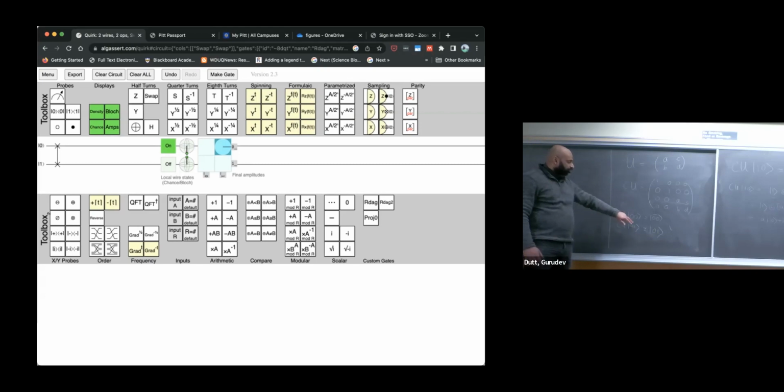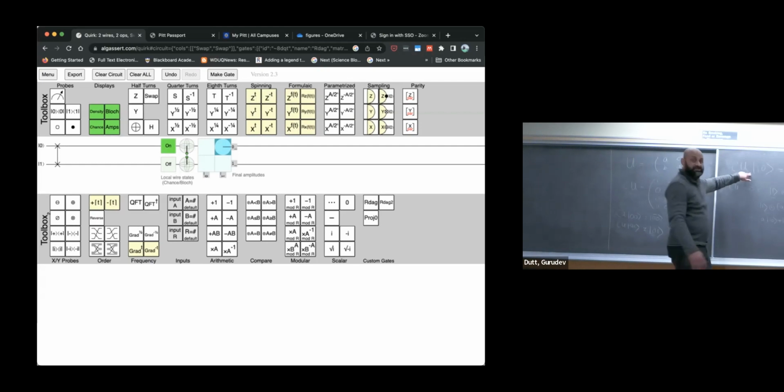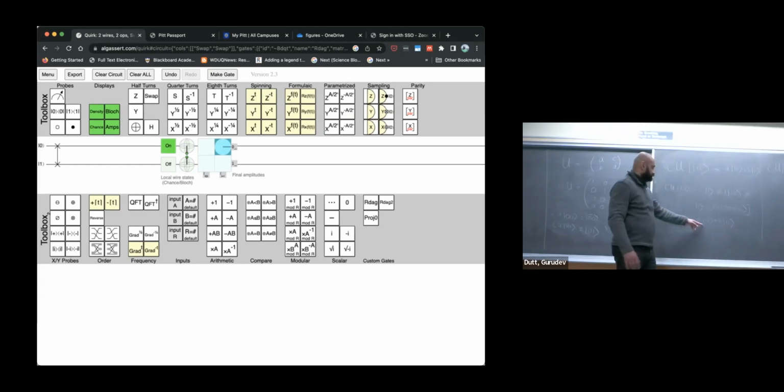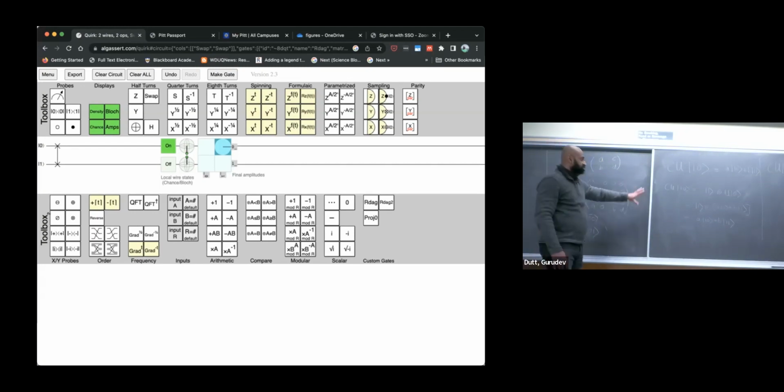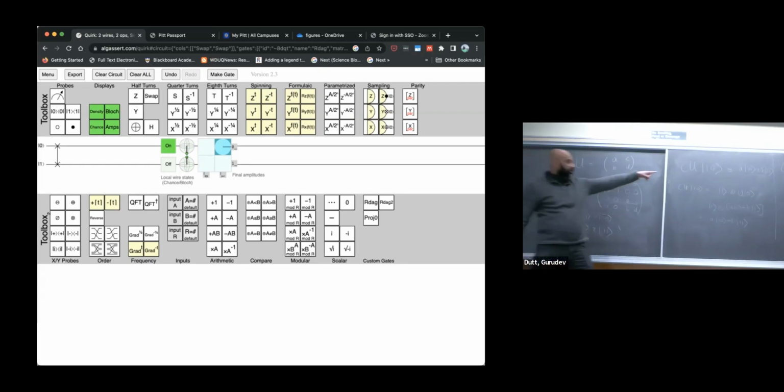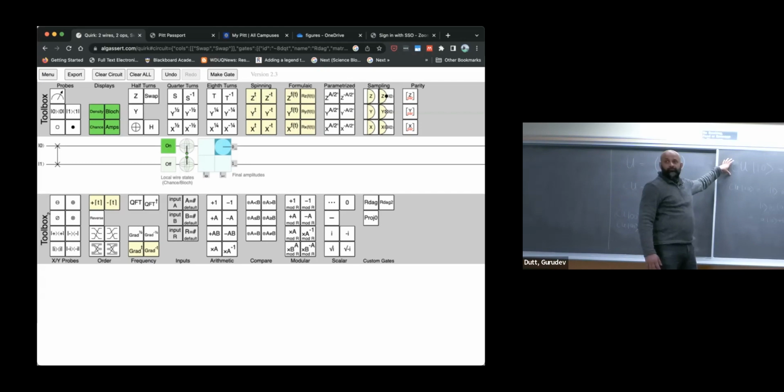CU acting on 0,0 does nothing, 0,1 does nothing. But when it acts on 1,0, what it does is 1 tensor U0. And U0 is A times 0 plus B times 1, which gives me this A|10> plus B|11>. And then I can look at what the matrix will do. This matrix acting on the state 1,0, which is the column 0,0,1,0, gives me the exact same state. That's what I wrote on the top. Does that make sense?